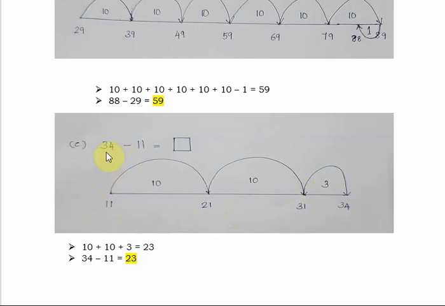See here, the number given here is 34. So if we jump 10 steps forward from 31, we will reach on 41. So it is better to add from 31 directly to 34. We can jump directly from 31 to 34. So we can jump forward. Okay.